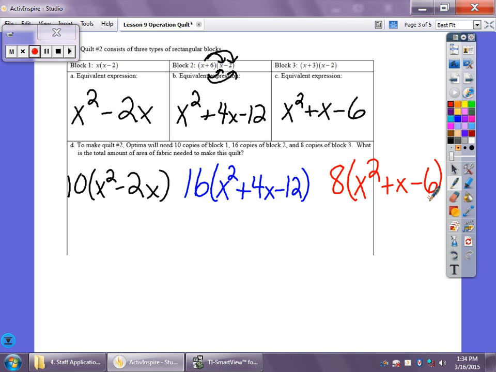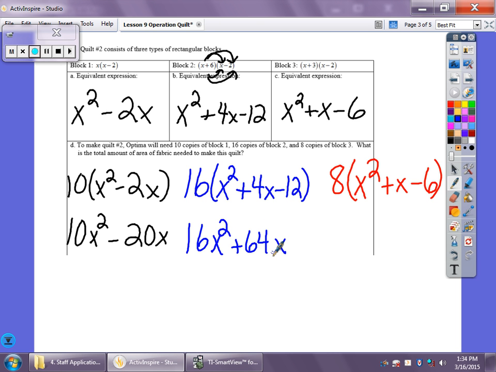So I'm going to do each of my individual distributions. So this one is 10x squared minus 20x. The next one is 16x squared plus 64x minus 192. And the last one is 8x squared plus 8x minus 48.